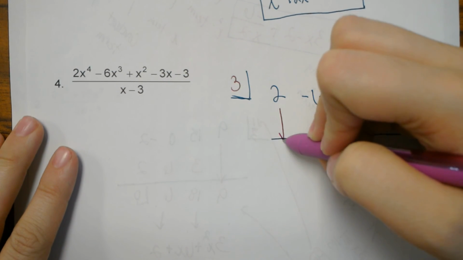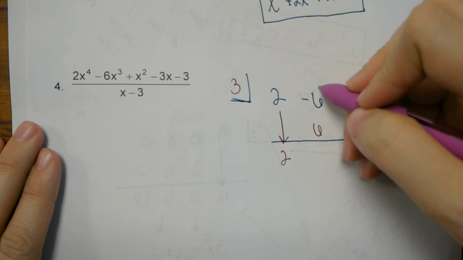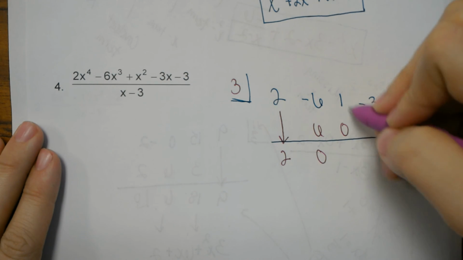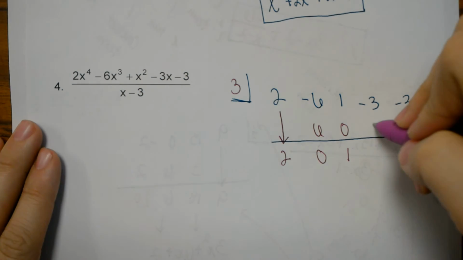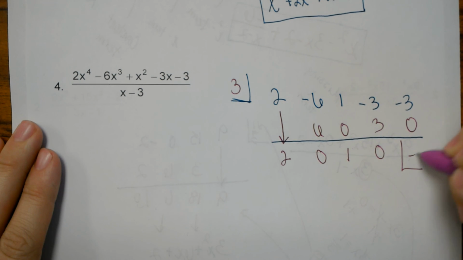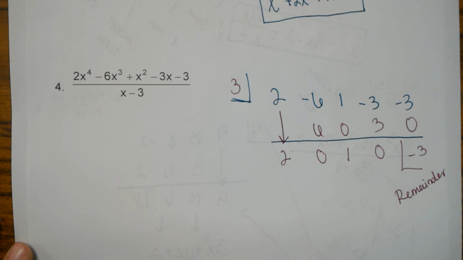So I take 2, drop it down, and multiply, I get 6. If I add those, I get 0. Multiply, I get 0. Add, multiply, I get 0. Multiply, I get 0. Let's have a remainder of negative 3.